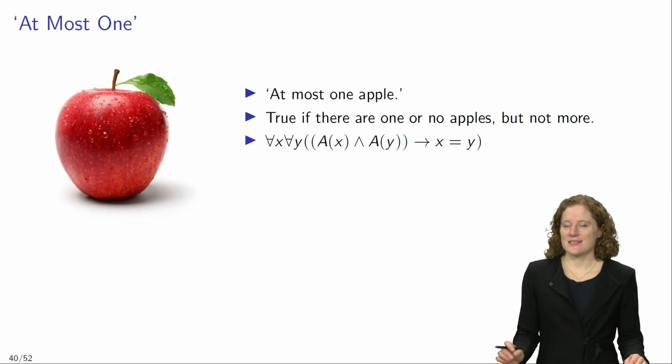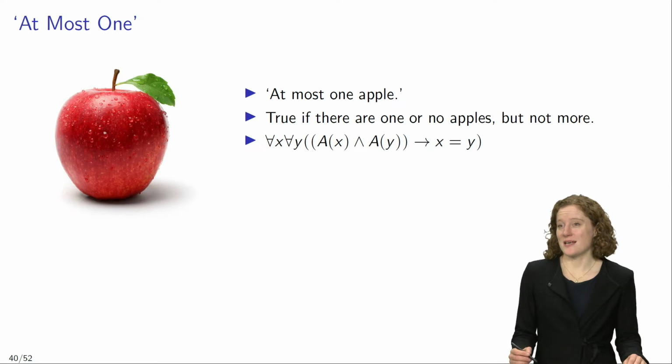Now, let's look at sentences that use the phrase at most. For example, suppose you want to symbolize the sentence, there is at most one apple. Now, this sentence is true if there is one apple or if there are no apples, and it is false if there are more than one apple.